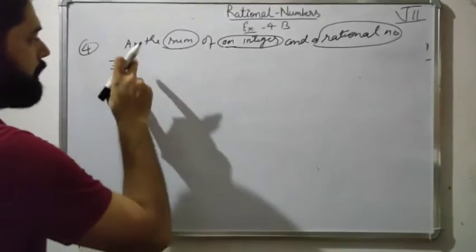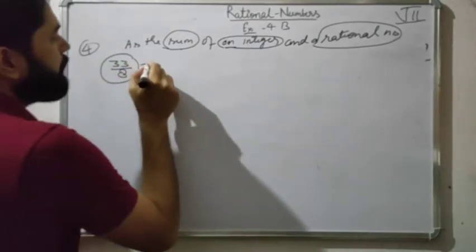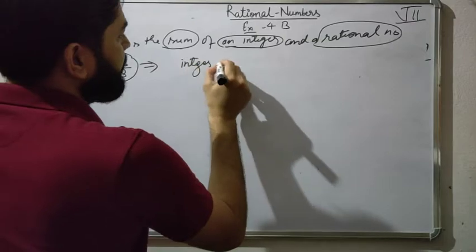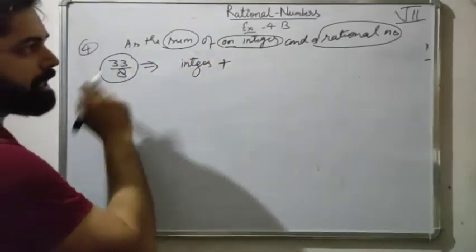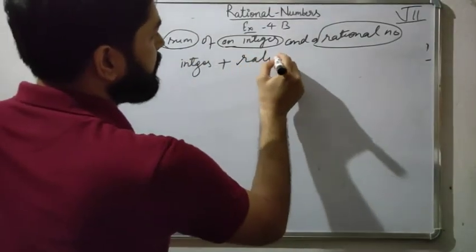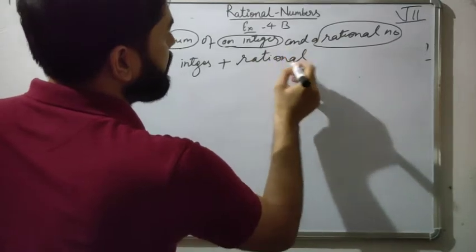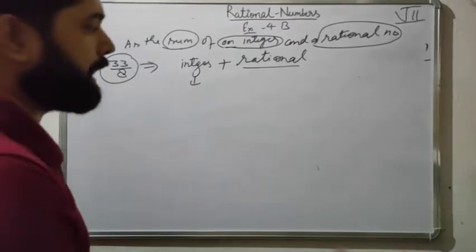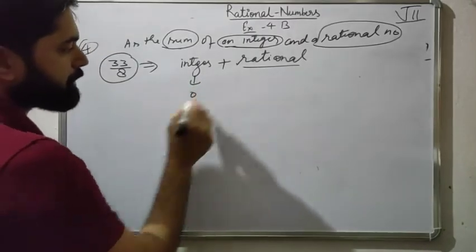Heading is saying write this number as the sum of an integer plus a rational number. And you know what the integer is? Integer कुछ भी हो सकता है. Integer 0 भी हो सकता है.